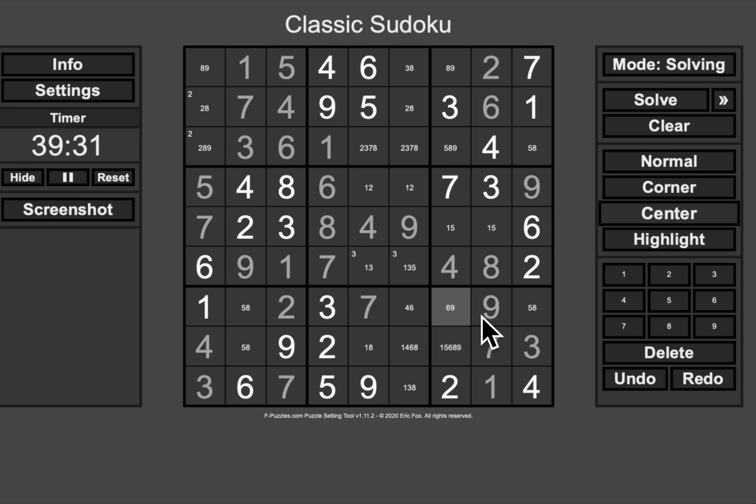Oh, that can't be a 9. I'm down to 2 digits, and one of them has been staring at me the whole time. Okay, that's 6. Therefore, that's a 4. Which crucially means that's not 4. No, that can't be 6.